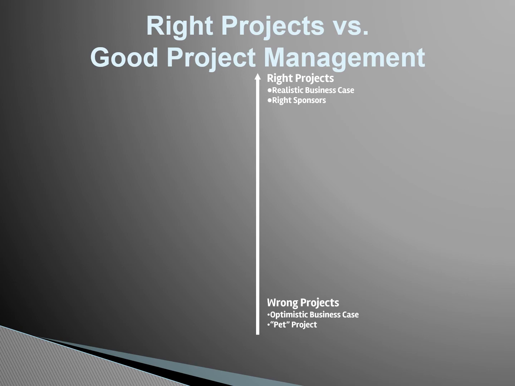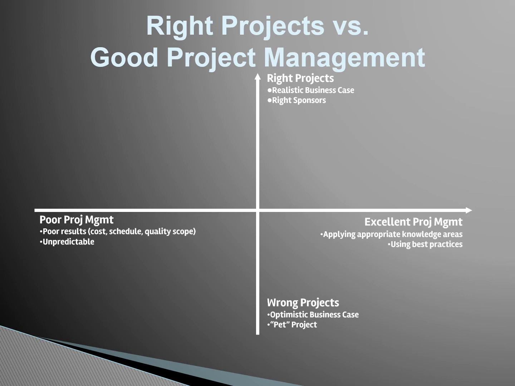By that I mean the right projects have a great business case and a strong business sponsor. On the x-axis, let's look at how well project management is done, going from left, poor project management, to excellent project management.